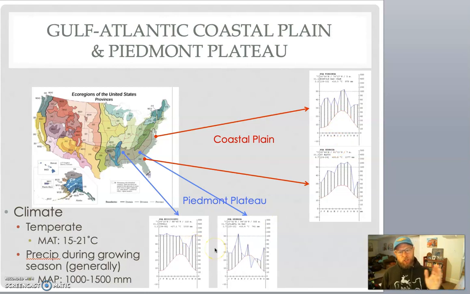But then as you move a little bit further west into the Piedmont, you start to get some areas where you might have some dry spots during the summer. In this Mississippi diagram, not a huge dry period, but a little one. But then you can see in parts of Georgia, we might have a fairly dry period for part of the year. So as you move west, we're starting to get into conditions where you might have some mild drought conditions.